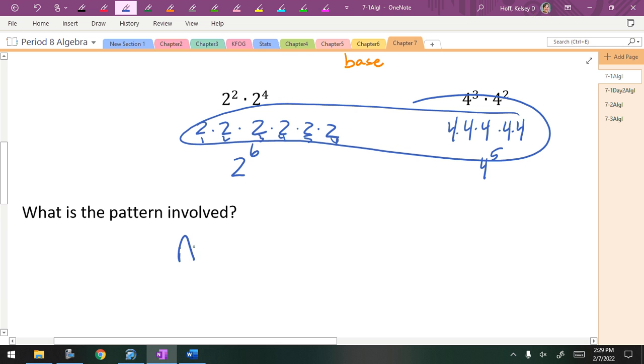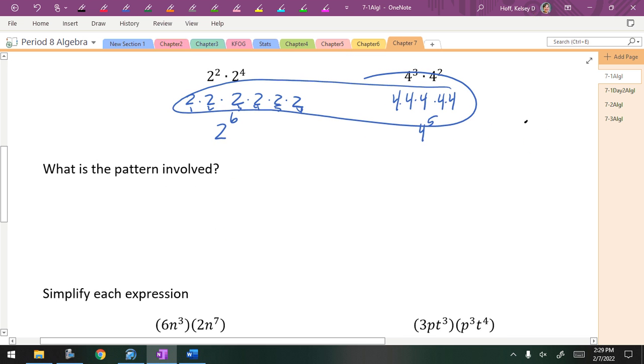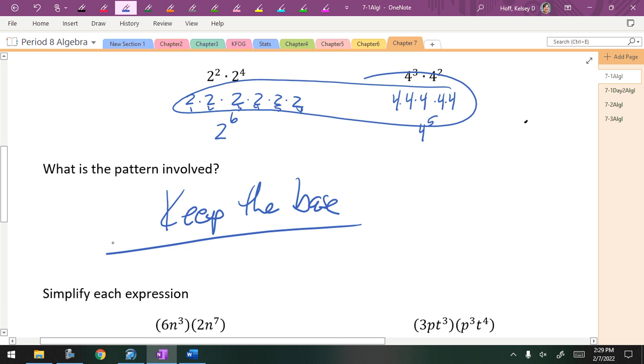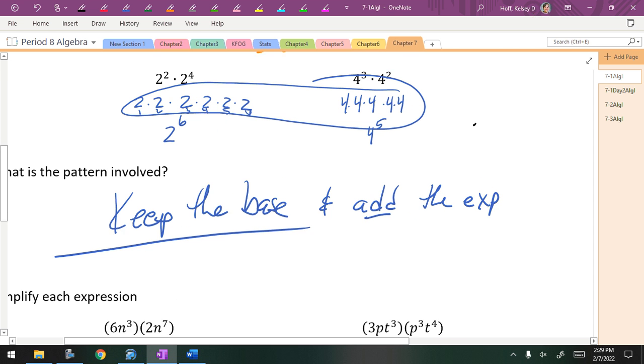So the rule with this is when you multiply, keep the base. You're going to get tired of hearing me say this. Keep that number that's repeated and add the exponents. I know that seems strange.